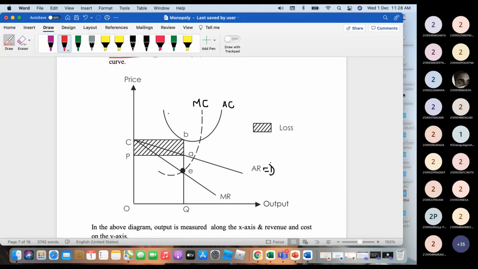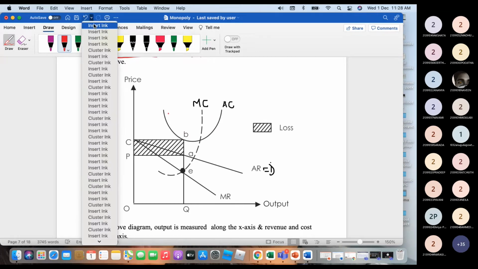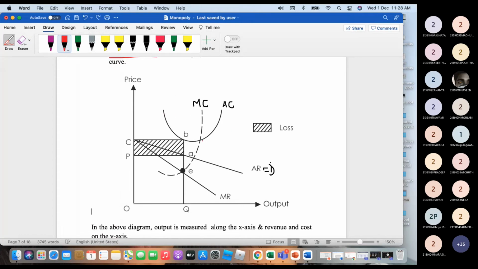If you see, you can see my cursor. This is your AC. And this is your AR curve, which is a straight line, and AC we have drawn on the top, because in this we are showing that AR is less, AC is more.